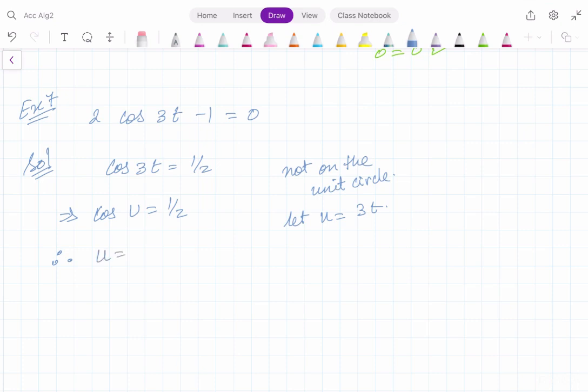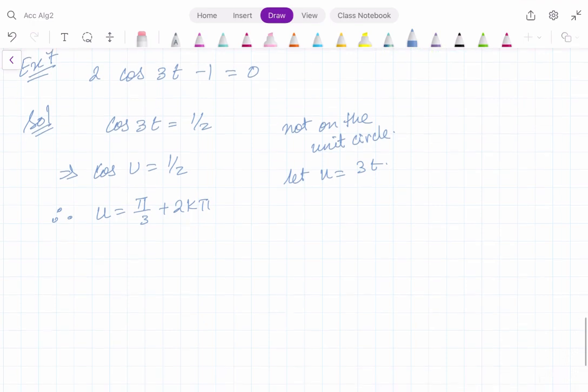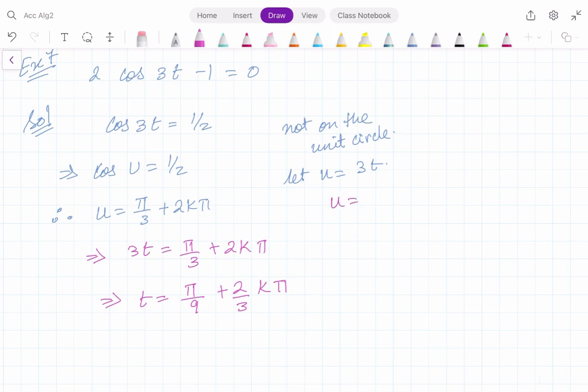Now on the unit circle, what angle will give you 1 half? There will be two angles that will give you 1 half. So the first one is pi thirds. So if I substitute the value of u, that's 3t, back, I will get t. Divide both sides by 3, so that is pi ninths plus 2/3 k pi. And the other angle, where cos will be 1 half, we will do the same thing, is 5 pi thirds.